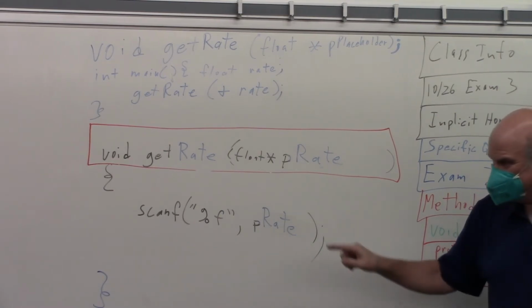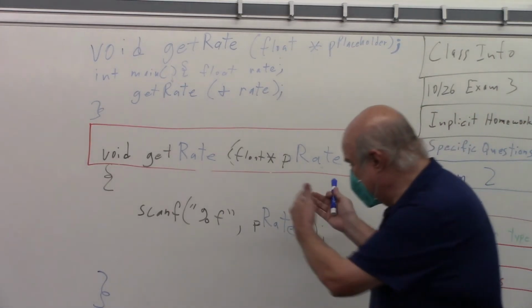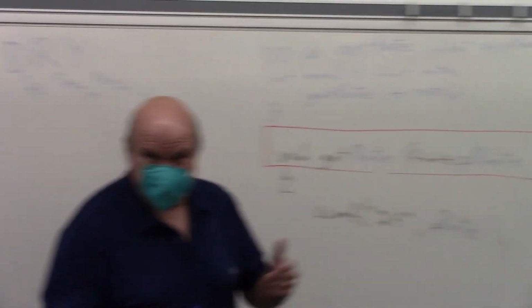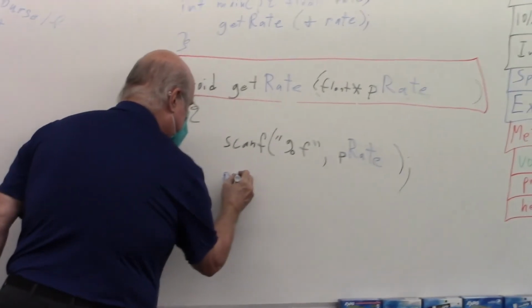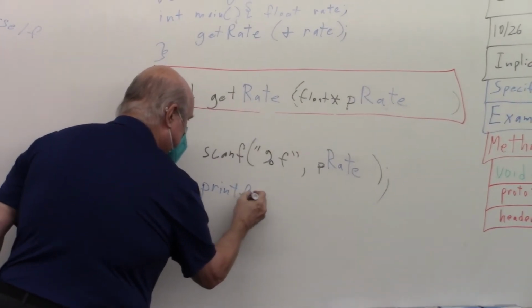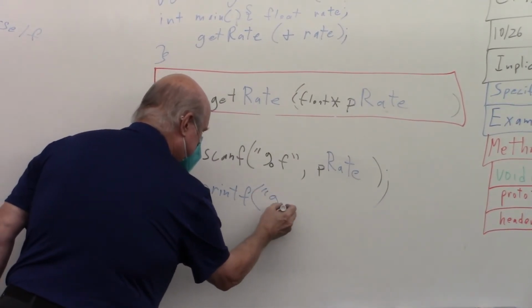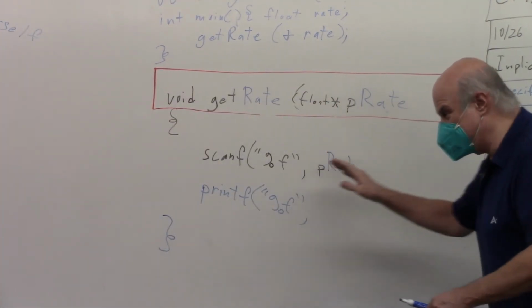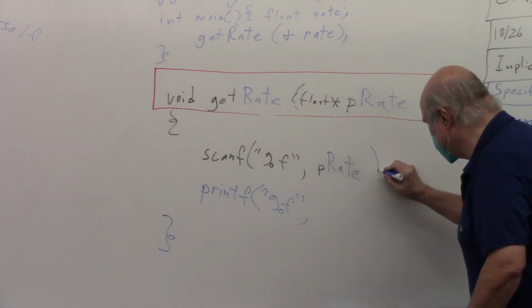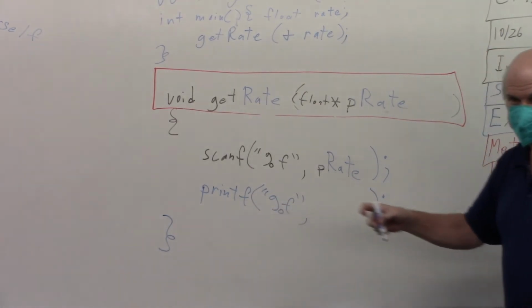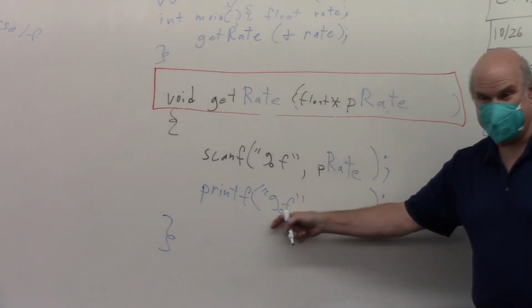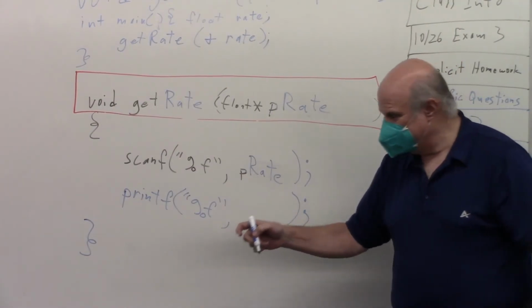But let me show you the same thing we would do. Suppose after we got that rate from the user input, we then want to print it in this method, which I don't think is part of that program, but see, I start sliding off to the right as I write things. Okay, I want to do a printf. I've given it the format specifier %f, because it's a float.